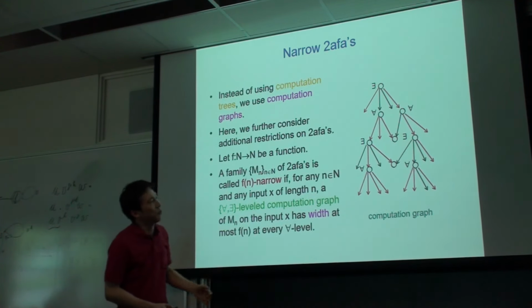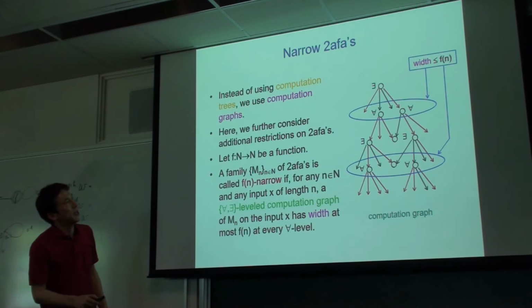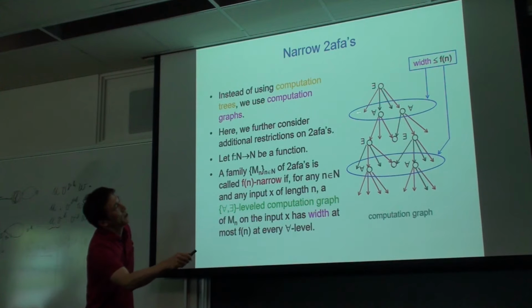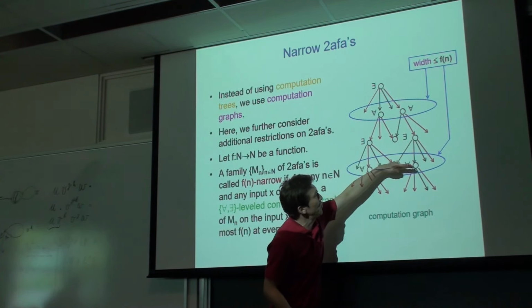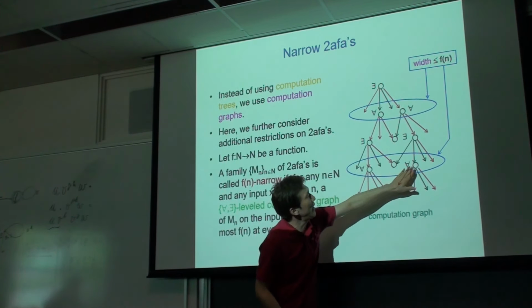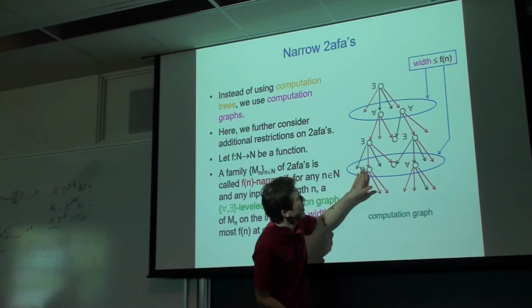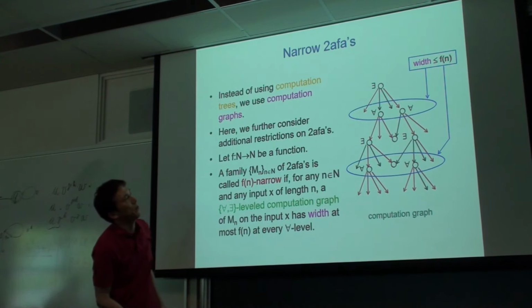So this is just a graph, not a tree. The narrowness means we are considering this leveled, so in each level they have exactly the same type of state. Here is the universal level, this is the existential level, and so on. We just look at the universal levels and count the total number of different configurations. That is bounded by f(n).